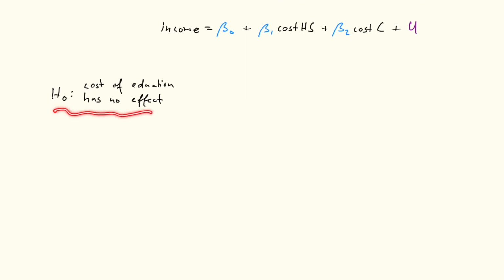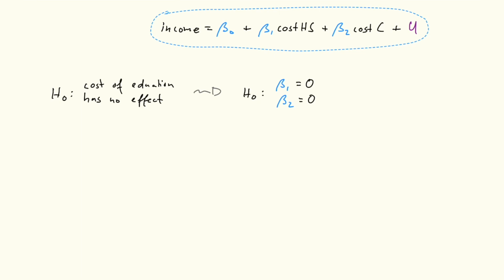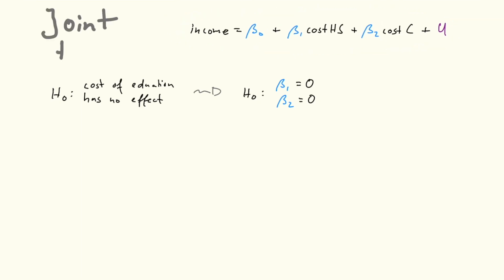Therefore, our null hypothesis translates to the hypothesis that we have both beta 1 equal to 0 and beta 2 equal to 0. This means in order to test this economic hypothesis, we now have to test two simultaneous restrictions on coefficients. Testing multiple restrictions is called a joint test.